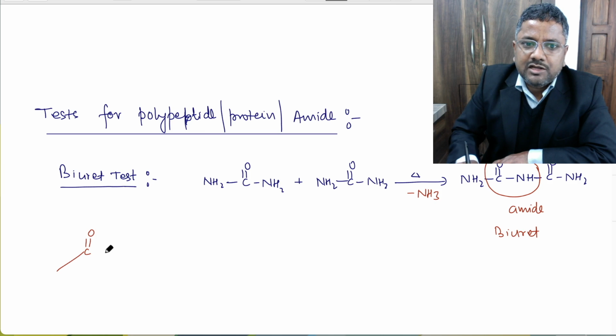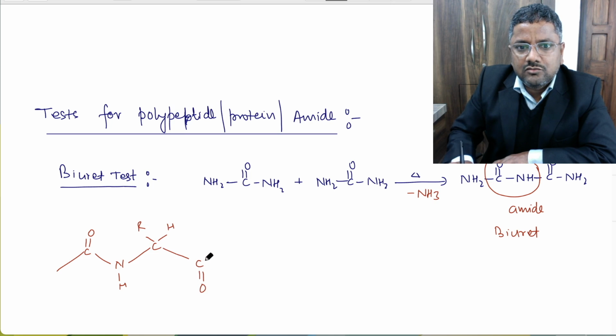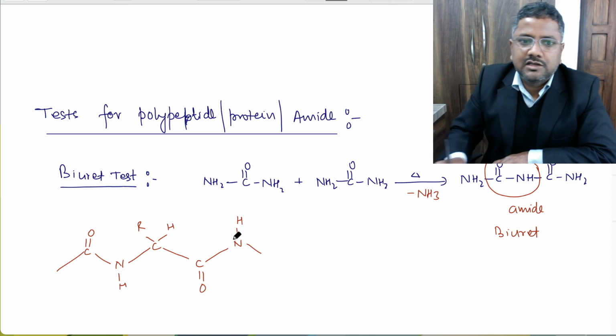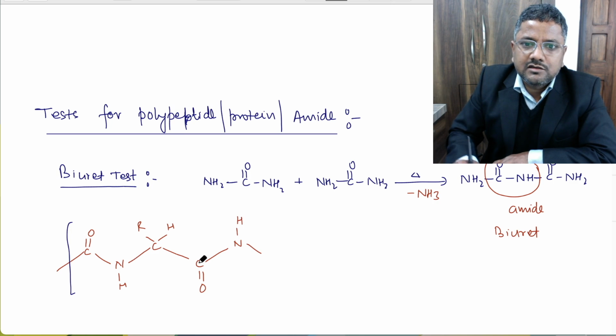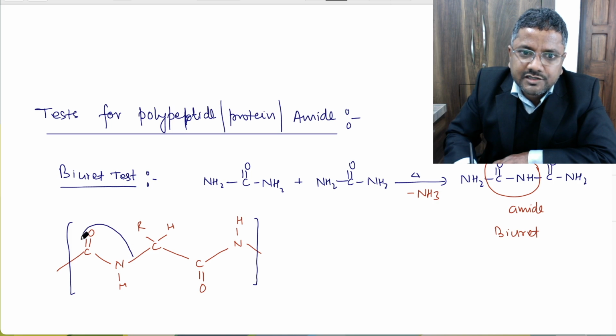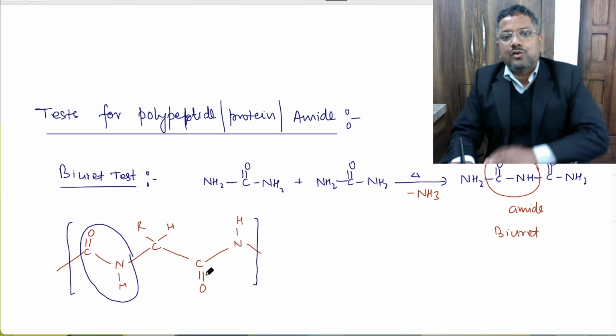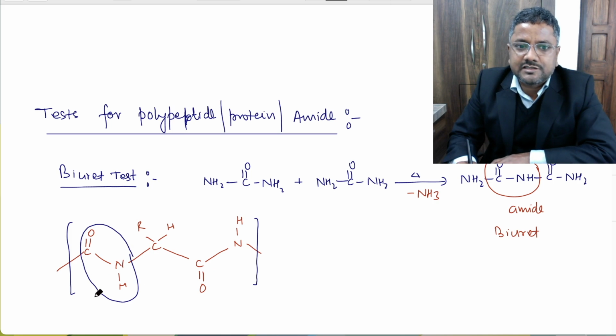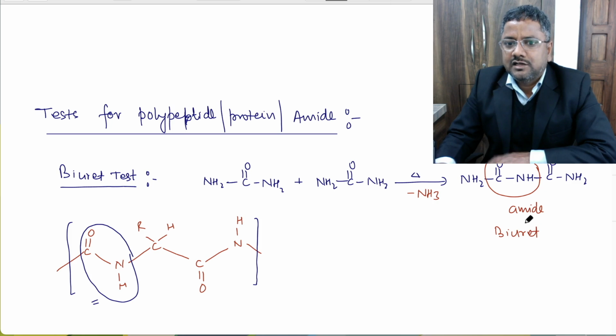If you take a polypeptide chain, you will have this type of bonding, C double bond O and H. So this is the polypeptide chain, and this is the amide linkage here. So proteins and polypeptides all have this amide linkage like biuret, so you can get the same test.